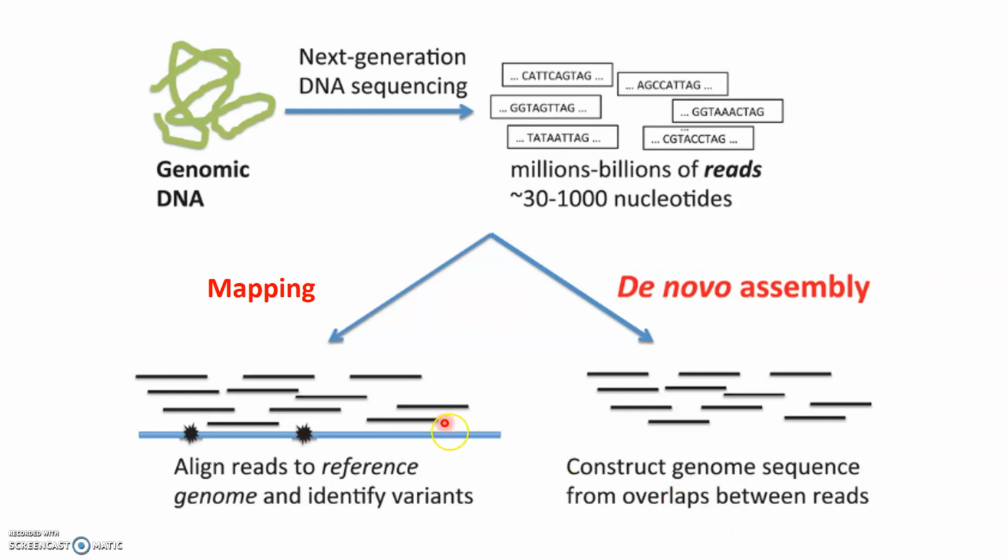And now we're moving to more of a mapping approach, where we take those billions of short reads and we just align them to a reference, and then perform some other types of analyses to tell us where our sample DNA is different from reference.